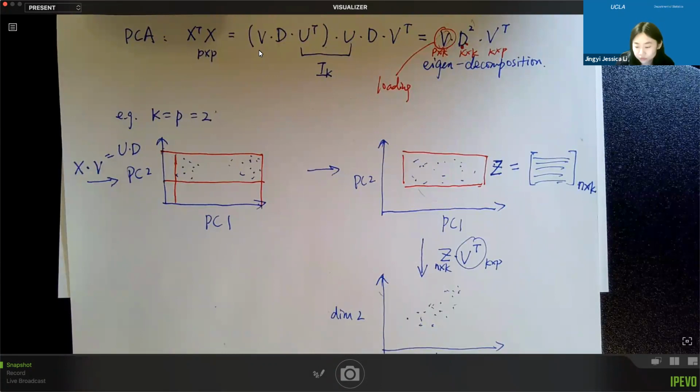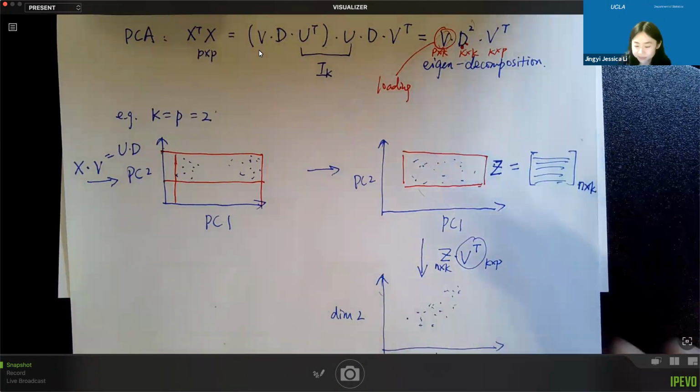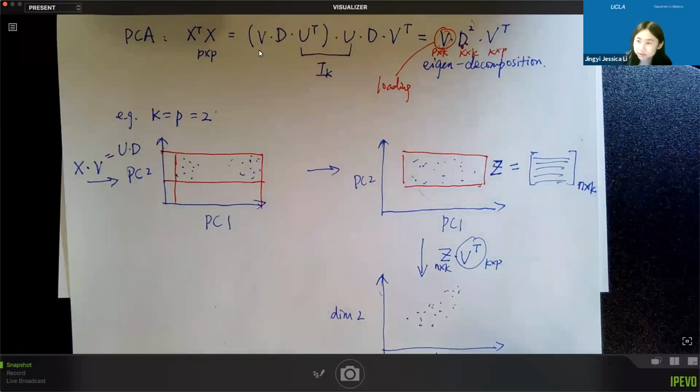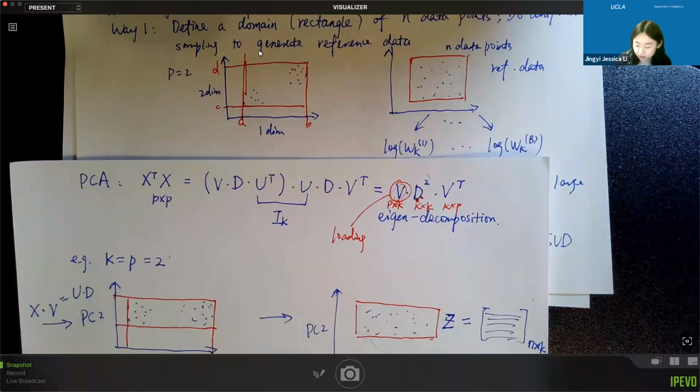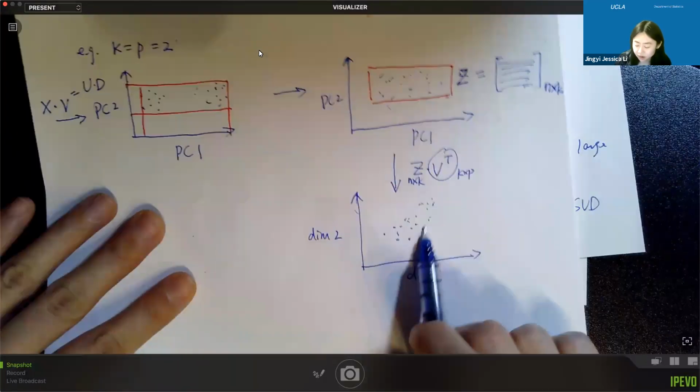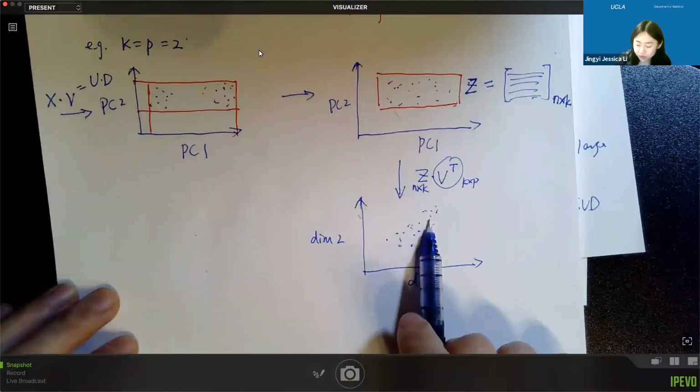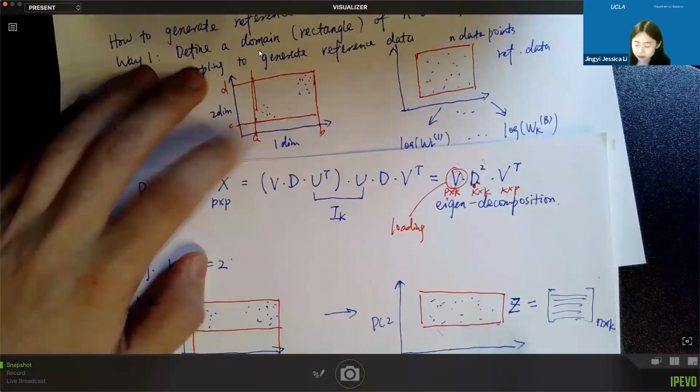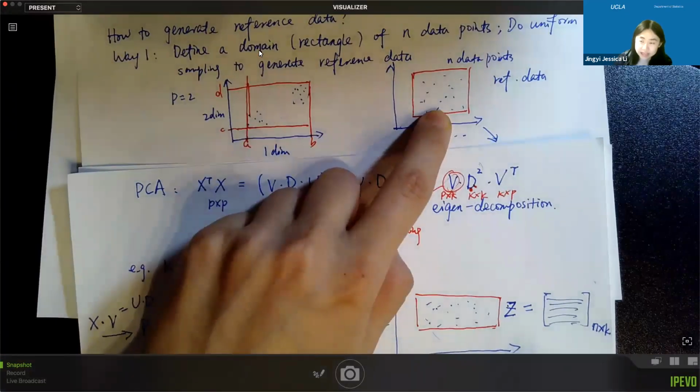So that's a very useful way for data analysis. And we'll talk about that later. But this is just a very interesting use for PCA for generating reference data. So you can see that here the reference data, although it still has no clustering pattern, resembles the original data much better than the reference data generated in this way.